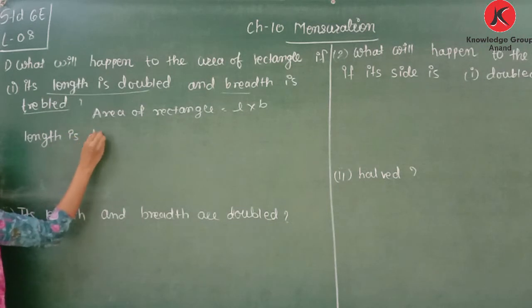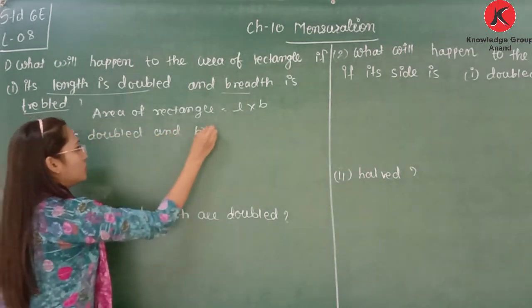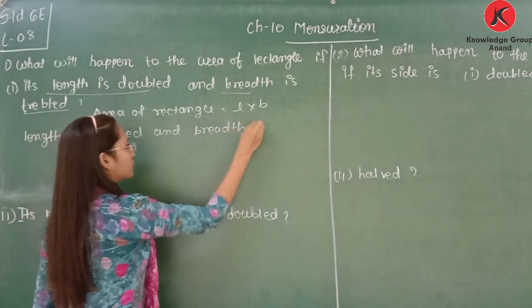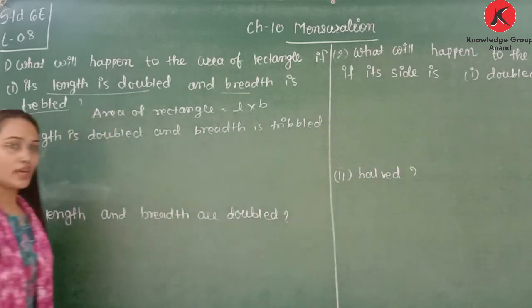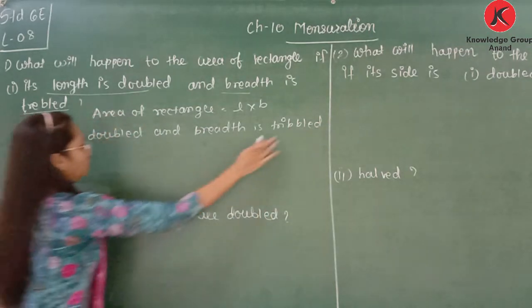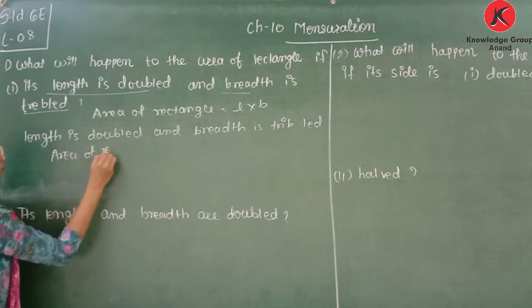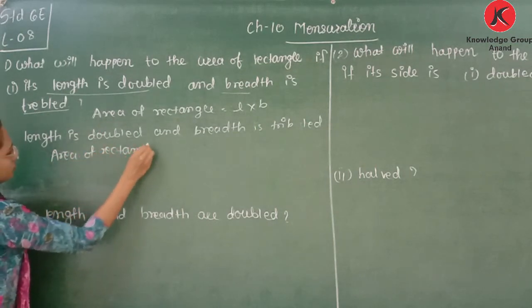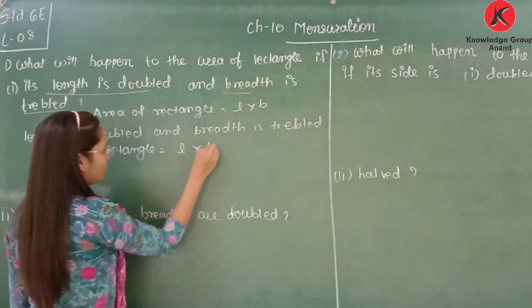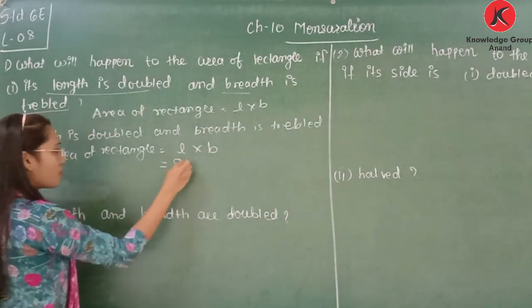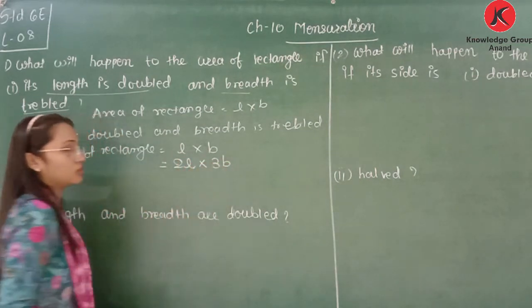Length is doubled and breadth is tripled. So area is L multiplied by B. Length is double, meaning 2L, and breadth is 3 times, meaning 3B.